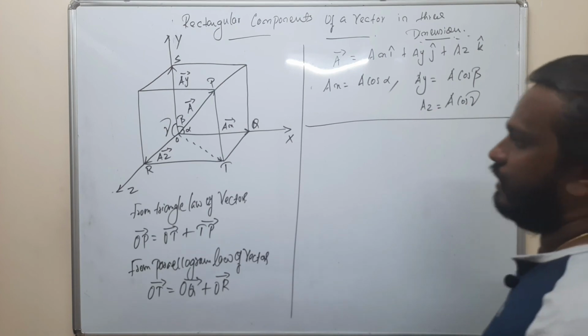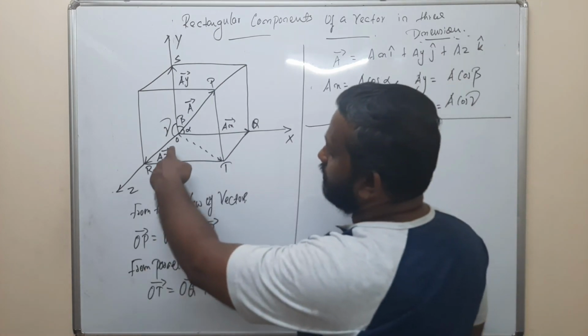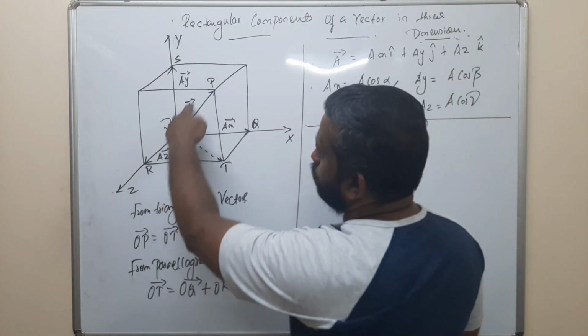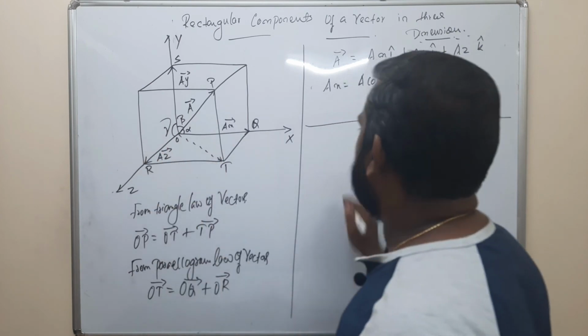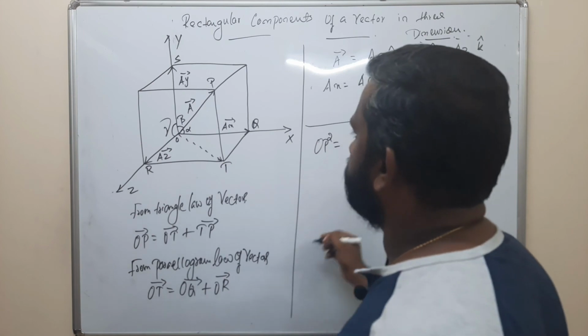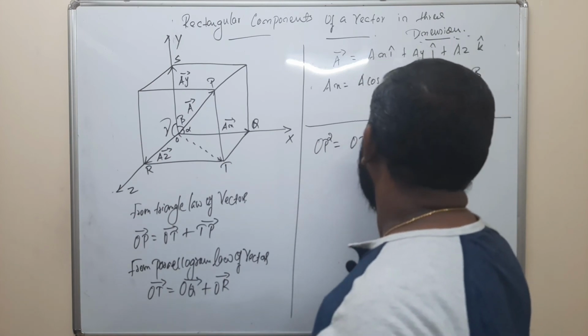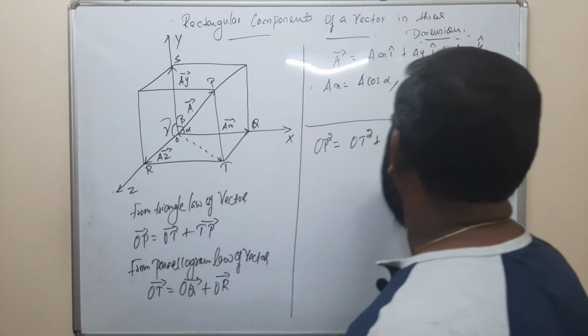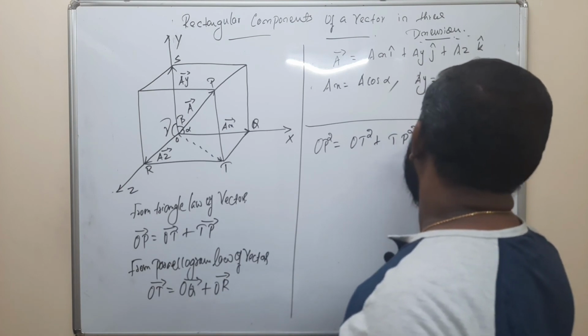Okay, now from this triangle, this is a right angle triangle, that is OPT. So by Pythagoras theorem, OP square is equal to OT square plus TP square.